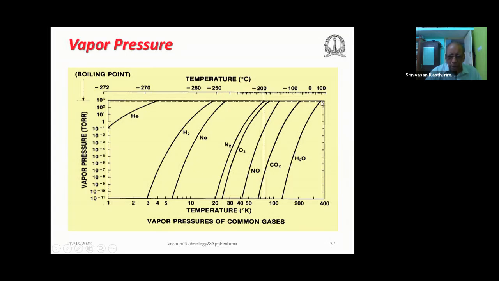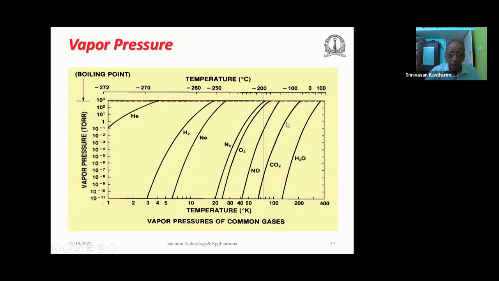Now as you decrease the temperature, what happens to vapor pressure? It keeps on decreasing. When you go down to somewhere close to 150 Kelvin, the vapor pressure goes to 10 to the power minus 11. It becomes extremely small.